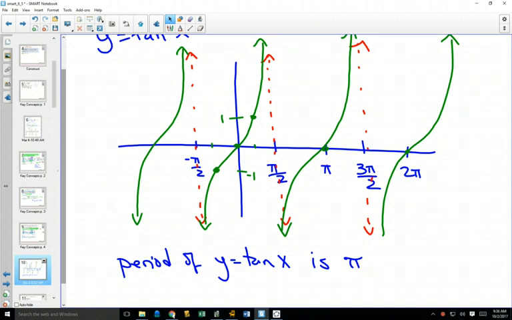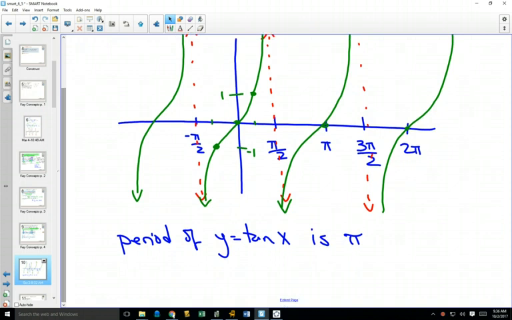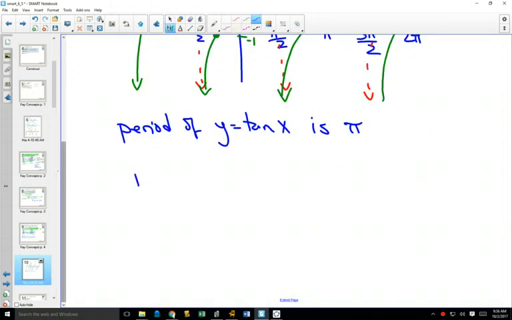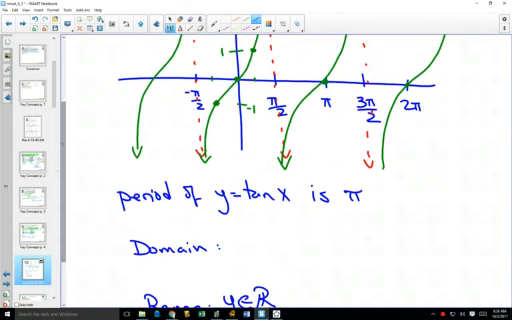So this is where we will write down the domain and the range just before the bell rings. We'll start with the easy one, which is the range. Can you see that the range is everything? But the domain isn't everything. The domain has asymptotes.